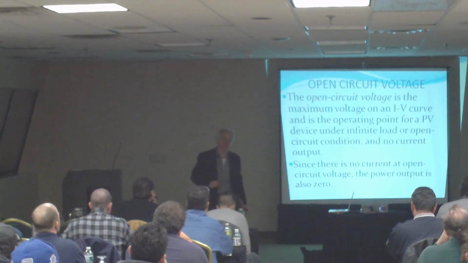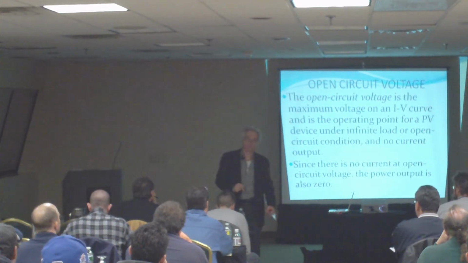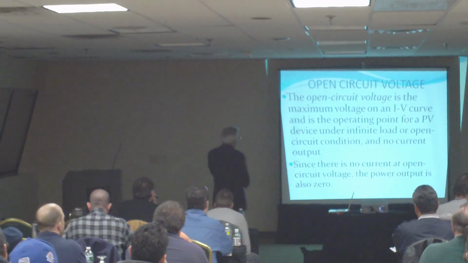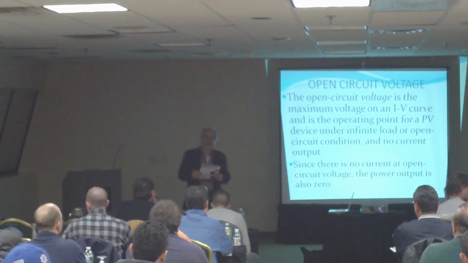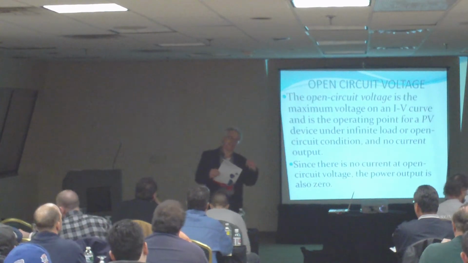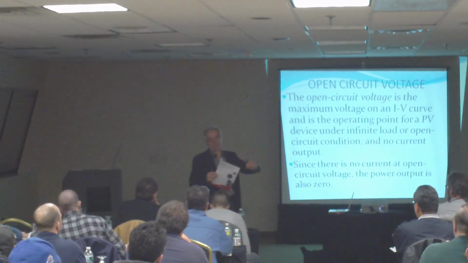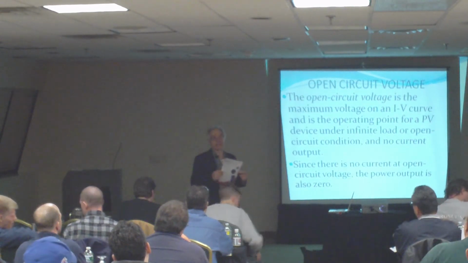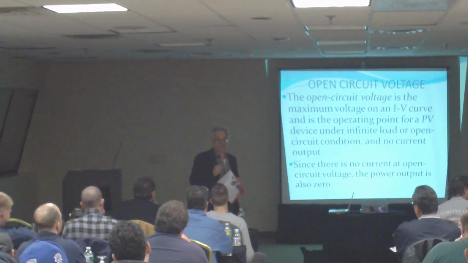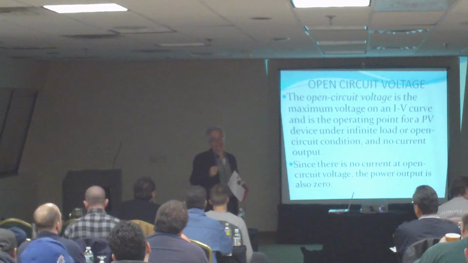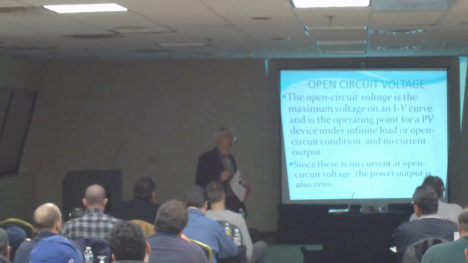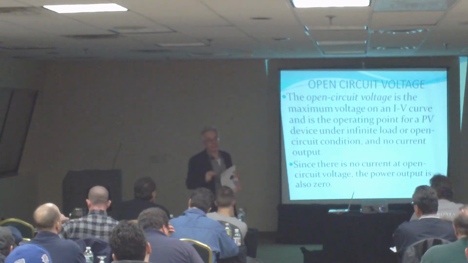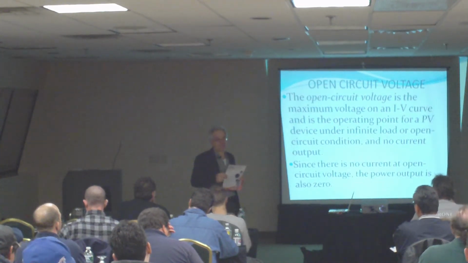Under what kind of condition do you measure this voltage? We said before that the standard we're using is 1,000 watts per square meter of irradiance. This is what is called a standard test condition, and we defined that at a temperature of 25 degrees Celsius.